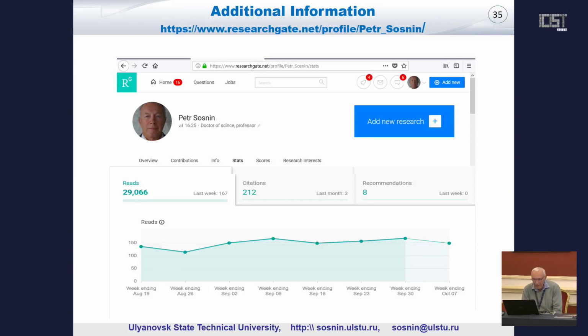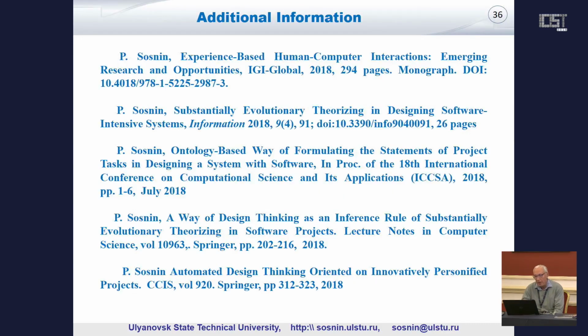We register results of our investigation on ResearchGate, and the dynamics of interest in our work you can see on this slide. Each week about 100 reads is typical for access to our results.